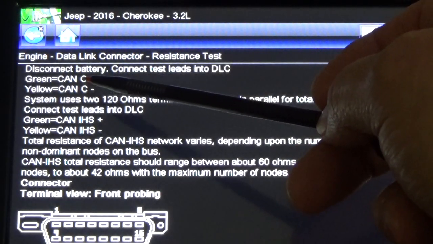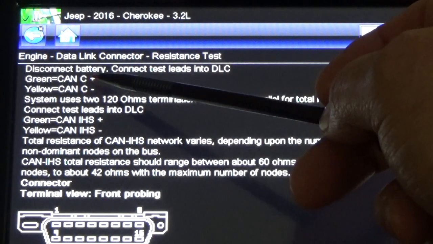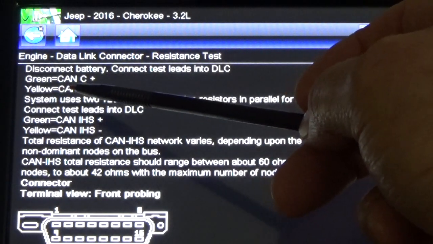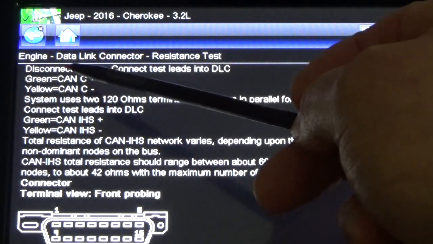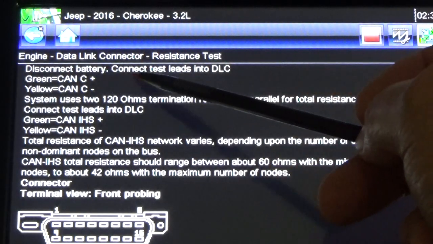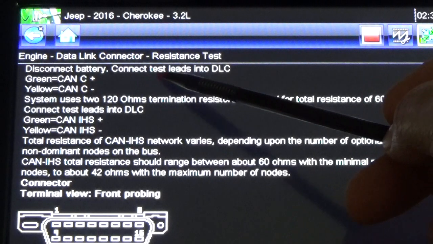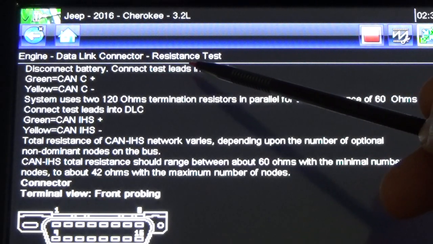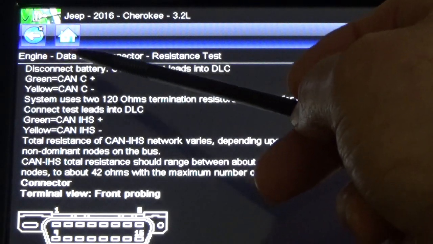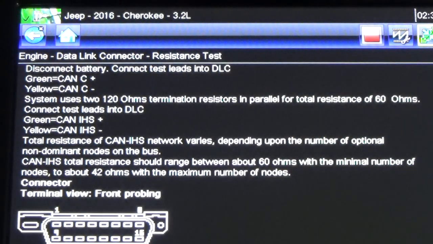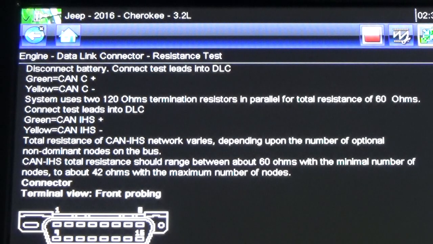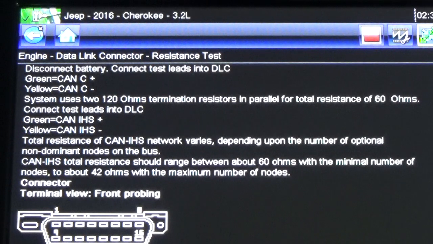The leads go in the green CAN positive and the yellow CAN negative, and they also want you to disconnect the battery. The first thing they want you to do is disconnect the battery, okay, to measure the resistance. Now it tells you how to do it.